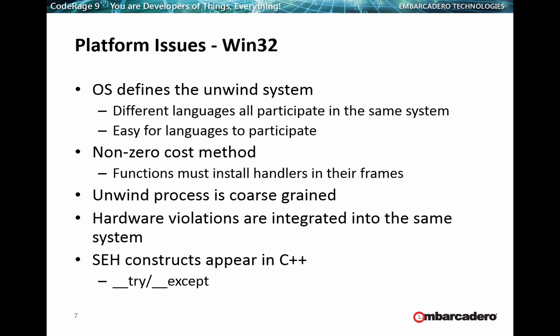What happens in the PC map scheme is the compiler and the linker collaborate to generate a very detailed map of the address space of the application. And so when an exception is thrown, the runtime library takes the instruction pointer at the location the exception is thrown, and it looks that up inside this very detailed PC map, and then determines, based on the information in the map, which function it was in, and what has to be done to unwind the stack frame for that function.